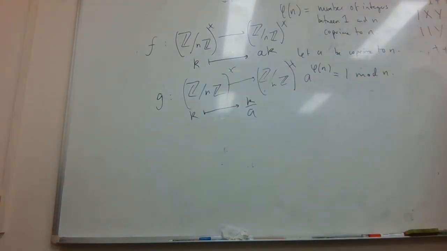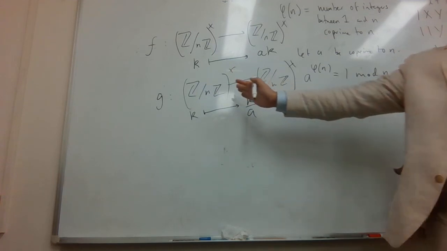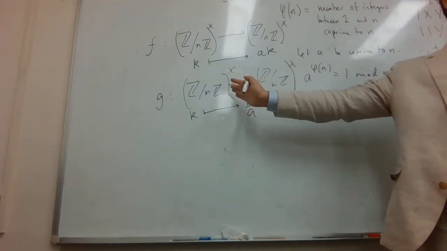So now it's not just all the numbers mod n, there's not n of them anymore. Now we're talking about the numbers which are co-prime to n. So how many of them are there? Phi of n, yeah? So now there's a bijection between two things having size phi(n).